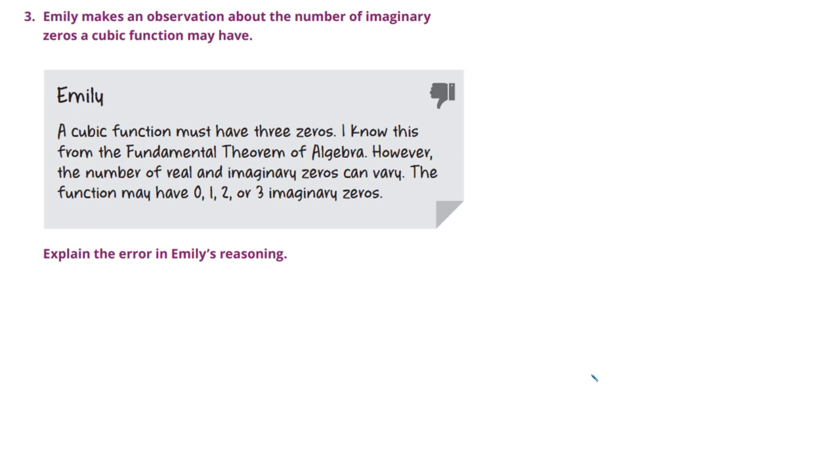A cubic function must have 3 zeros, from the fundamental theorem of algebra. However, the number of real and imaginary zeros can vary. A function may have 0, 1, 2, or 3 imaginary zeros.